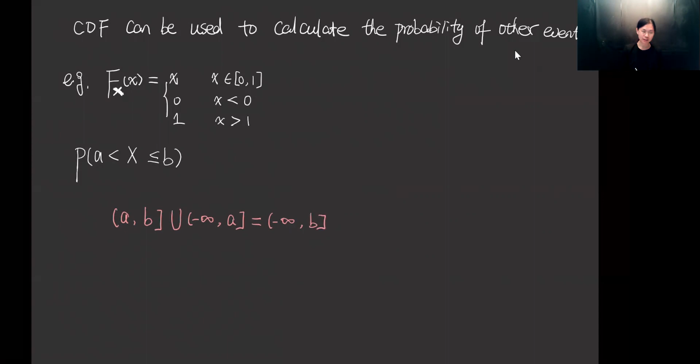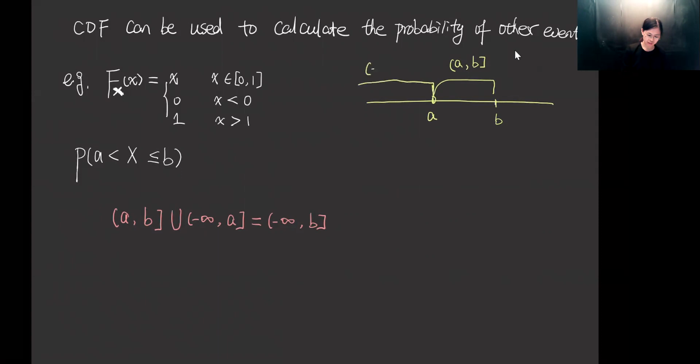How do we recognize that? It's quite simple. You can draw a real line, and here you have a, and here you have b, and this is the interval (a, b], and this is the interval minus infinity to a.